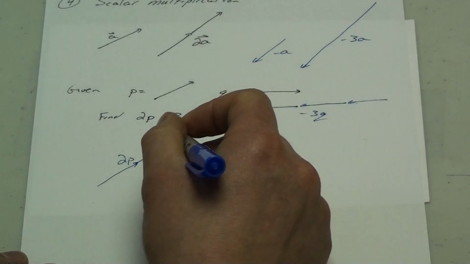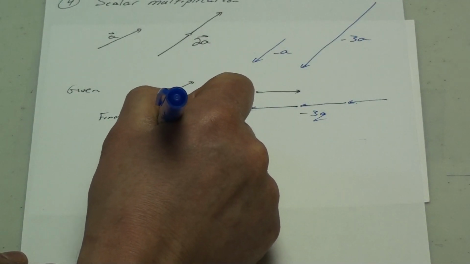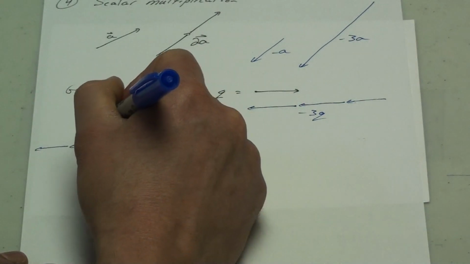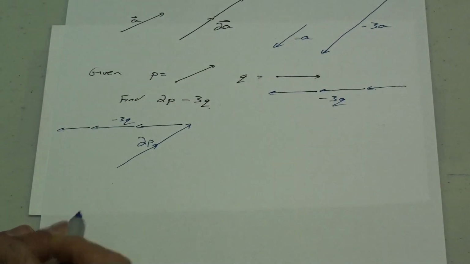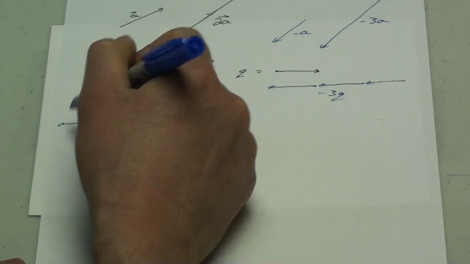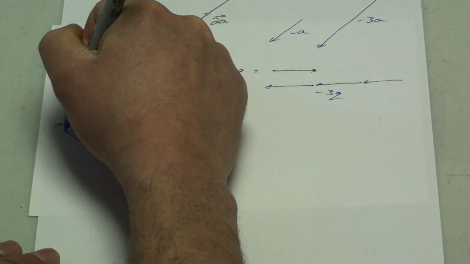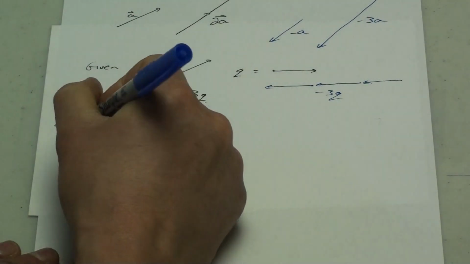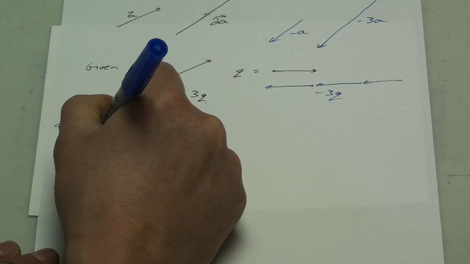So I have 2P, and then I want to do my negative 3Q, subtract 3Q. And then the resultant would have started where it started here and it finished over there. So this is my resultant vector right there. This is 2P minus 3Q.